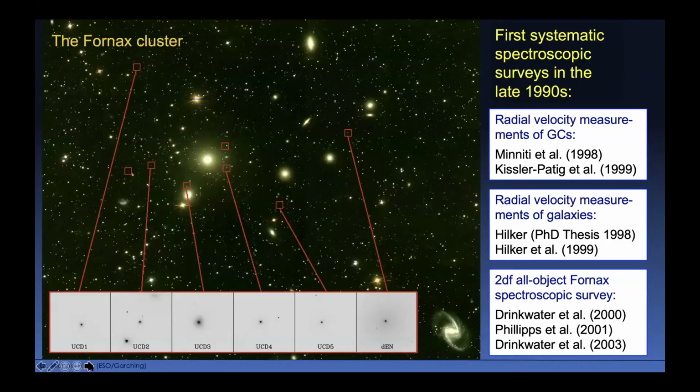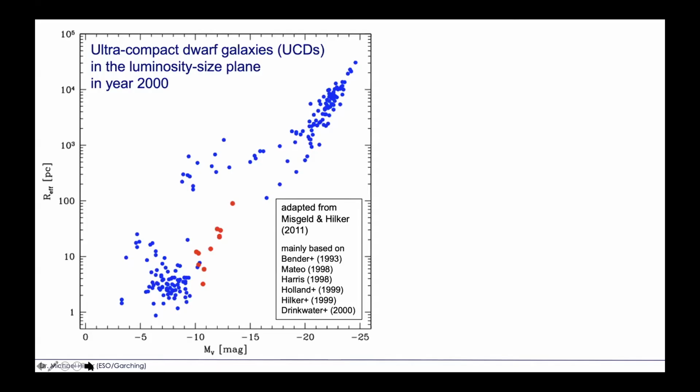Indeed, the first spectroscopic surveys started more than 20 years ago, in the late 90s, with Keck, with AAT, with NTT, and the 2dF project. And independently, many of us then found very big globular clusters that are called nowadays ultra-compact dwarf galaxies.